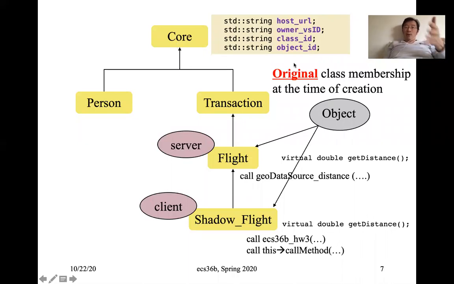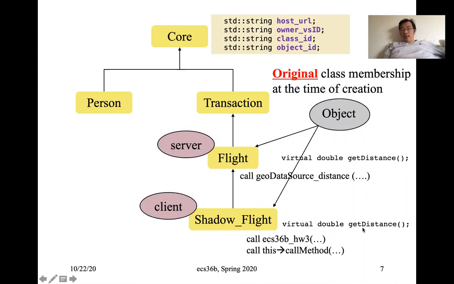And inside flight, I have a virtual double get distance. The server side has the flight, but the shadow actually gets the shadow flight version of get distance.